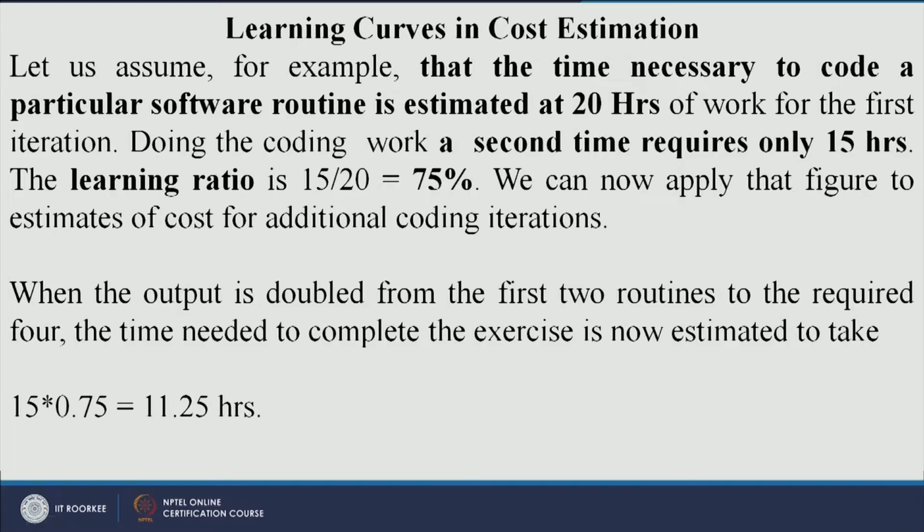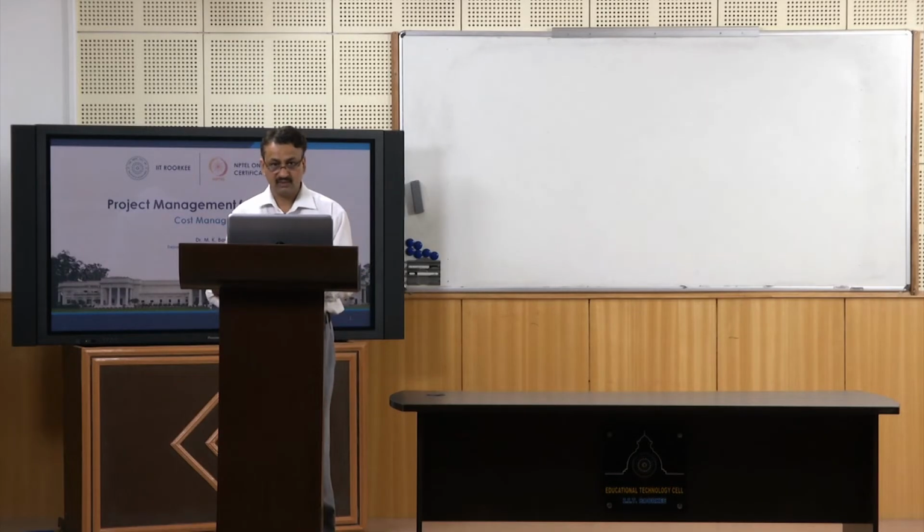We can apply that figure to estimate the cost of additional coding iterations. In fact, we can not only know what would be the cost next time, but we can also know how much time it would take when we go for coding the software a third time, and so on.